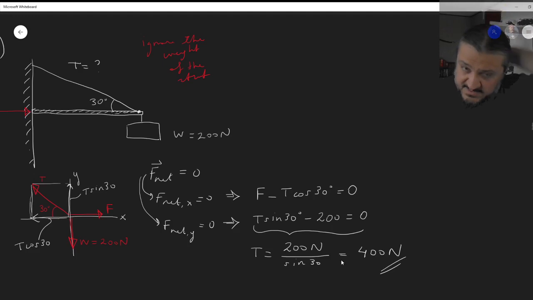If they ask F, you can just take that T and plug it in the first equation and solve for F. So that was it. Let's do 86.